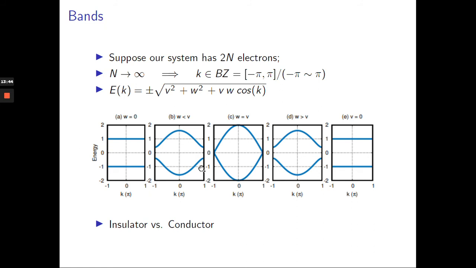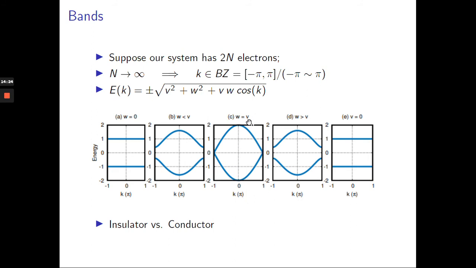And if v and w are different than 0, but for instance w is smaller than v, we will end up with this, which is similar to the case of w being bigger than v. Actually, as you can see from this expression, if you interchange v with w, the energy spectrum will be the same. However, these two situations are not exactly the same, as we will see later.